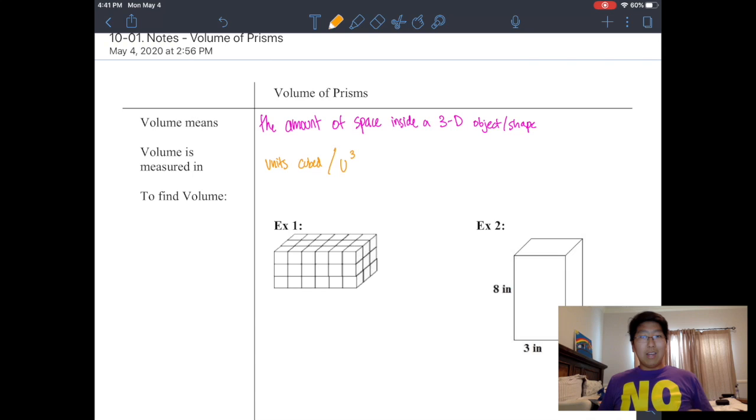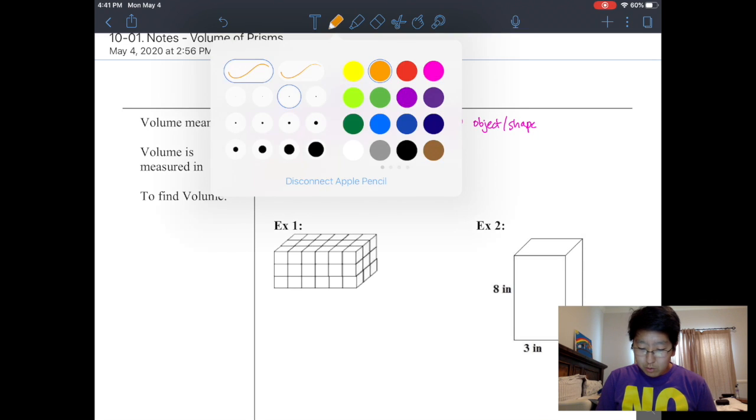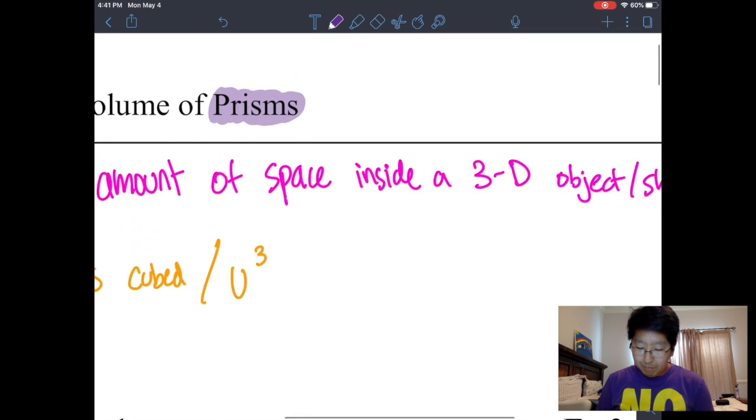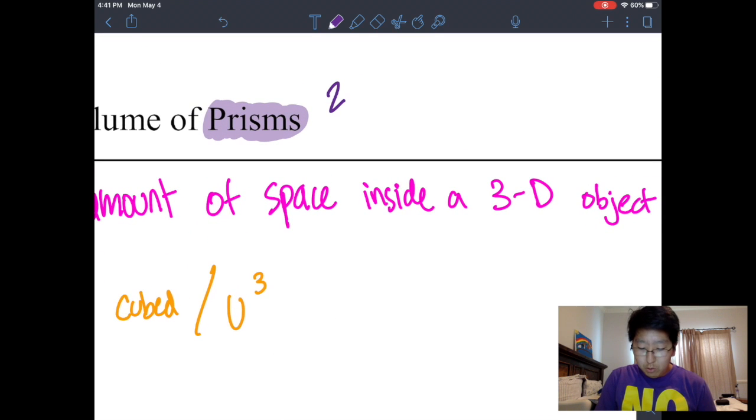Now we're going to look at what a prism is, because today we're only talking about finding the volume of prisms. Now, a prism, I'm going to go ahead and highlight that word in purple. The word prism is a word we're going to use for a shape that has two bases that are congruent.